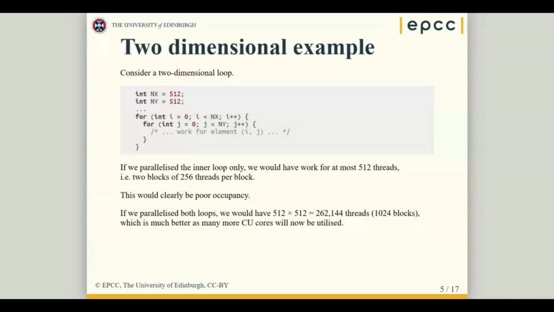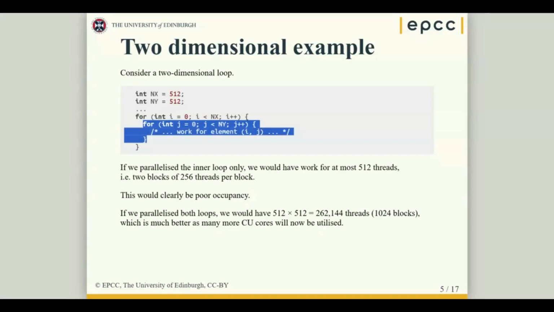We have a sample here of a two-dimensional loop. You see that the outer loop will run 512 times, and the inner loop will run 512 times. So if we only parallelize this inner loop, the number of threads executed in parallel will be 512.